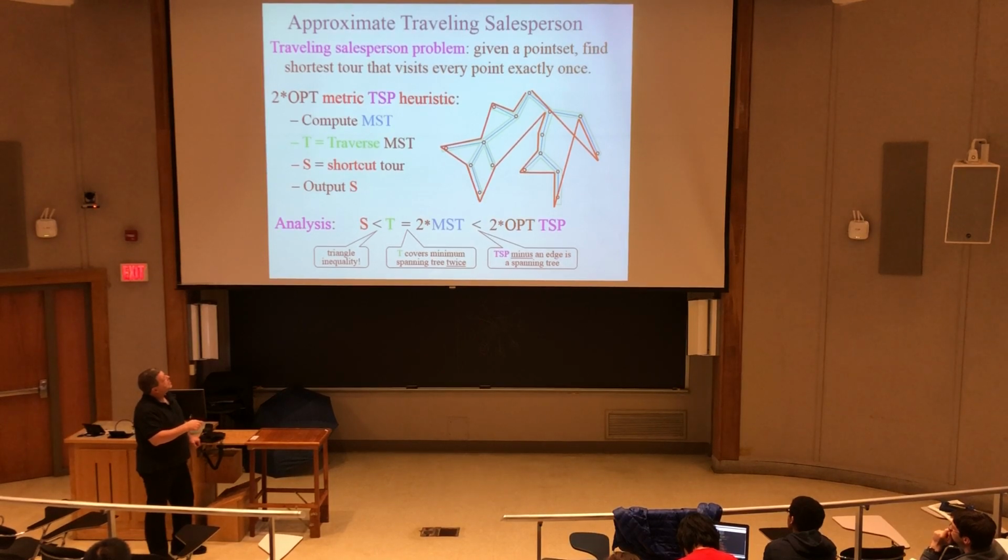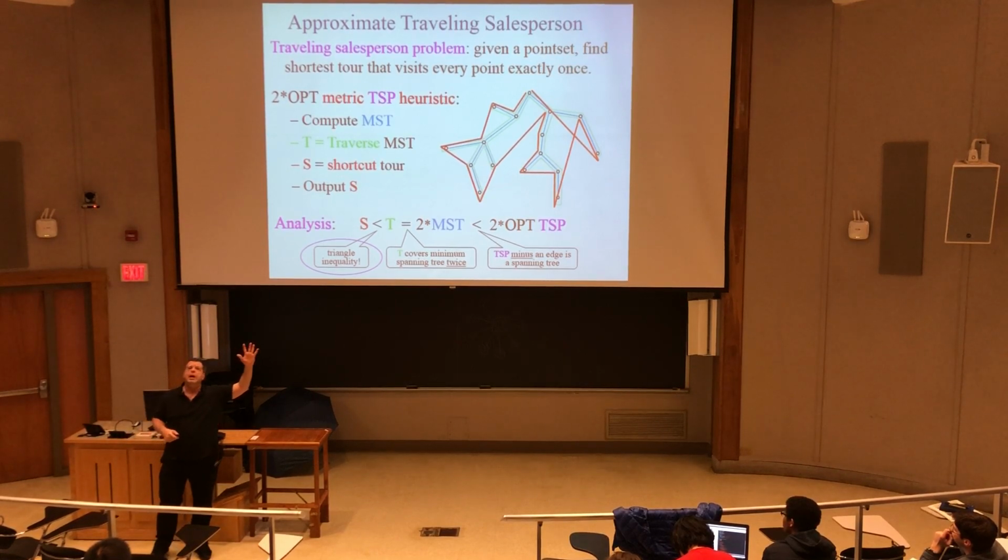But we already saw that the MST is less than the optimal TSP, because you could just remove one edge from a TSP and you won't be any better off than the minimum spanning tree, because that's the best tree, and the traveling salesman tour minus an edge is just a tree, not the best tree. So there you have everything combined, and so the tour in red is no worse than twice the optimal TSP tour. How many see the proof now? That's the end of the proof.